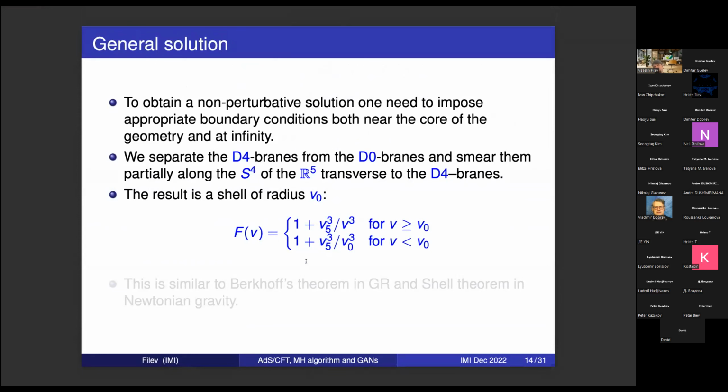But of course, there are still some constants to be fixed. And these constants you fix by saying that you want the solution to be continuous across the shell. Well, not smooth actually, but continuous. There could be some small delta function sitting there.